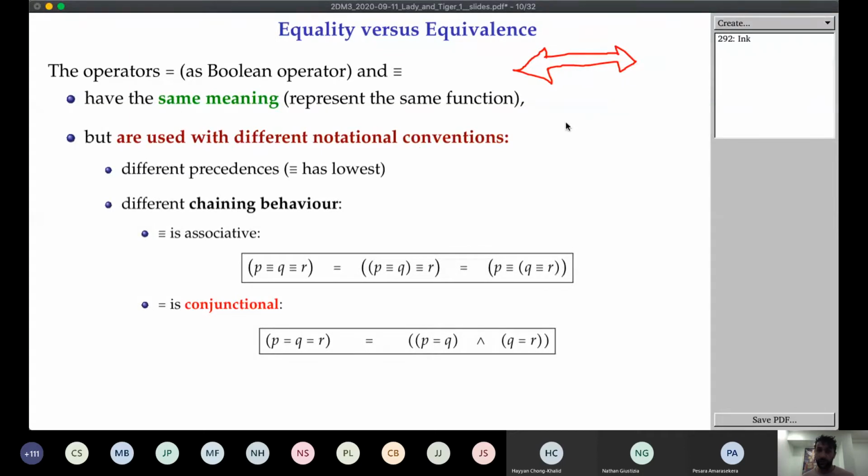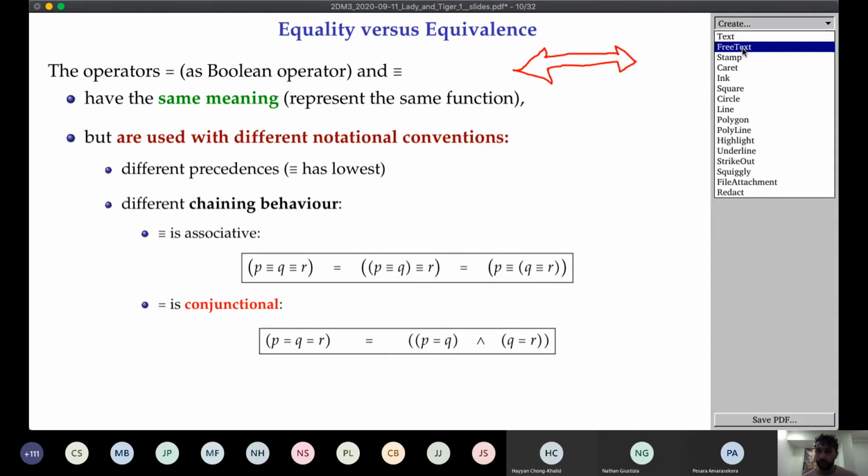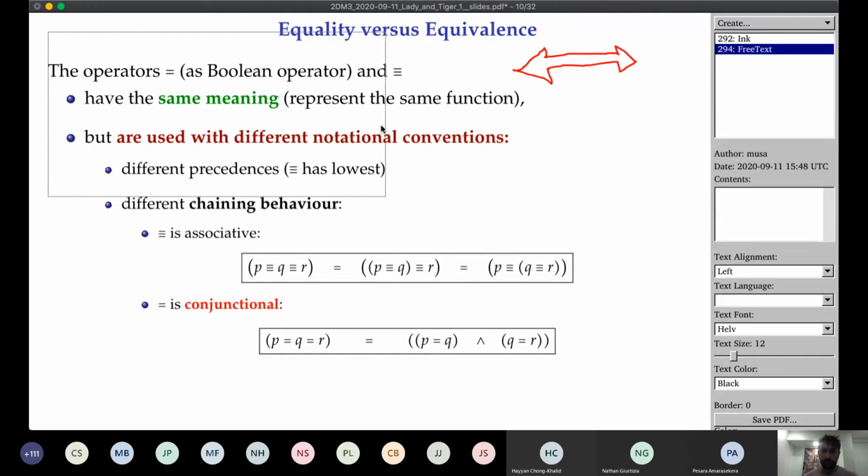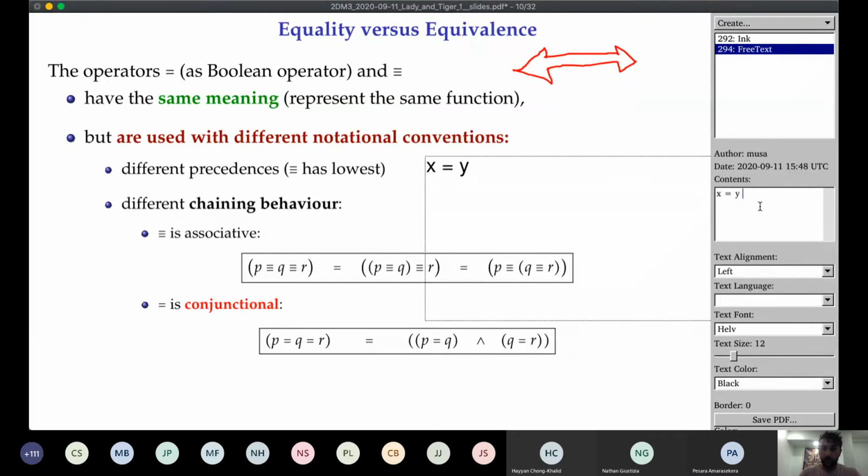This is a very frustrating thing. This is like saying 2 numbers, x equals y is the same thing as x less than or equal to y and y less than or equal to x.